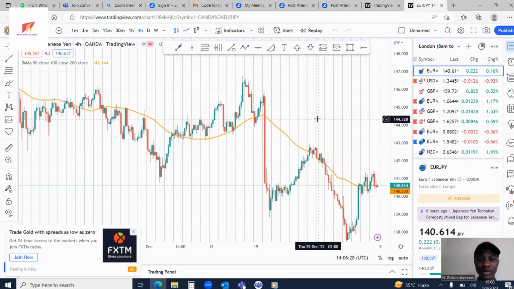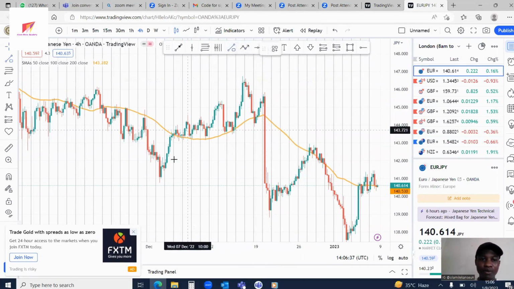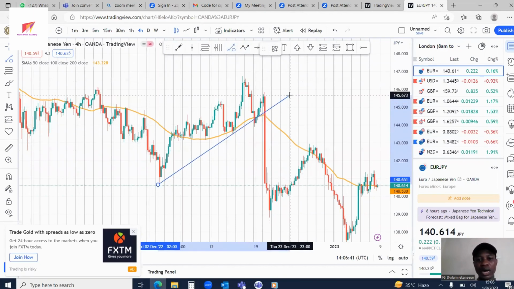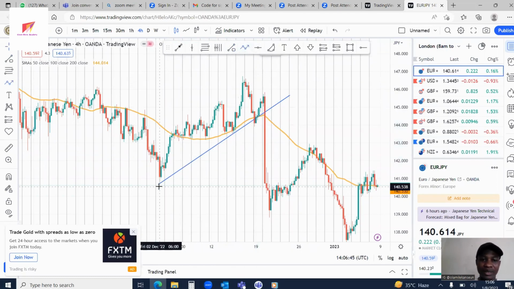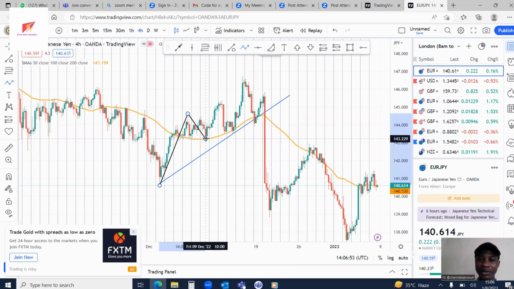So you can see that last year, around the 19th, something happened, right? The market was coming from this lower low to this higher high. But if you look at what the market is doing, from this lower low it created a higher high, created another higher low, right?